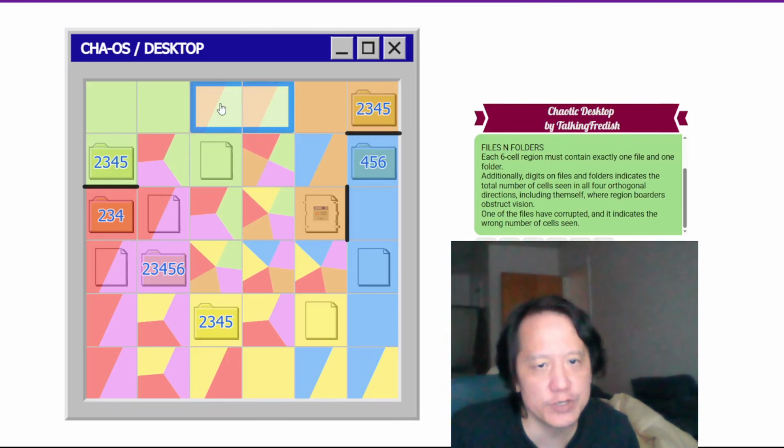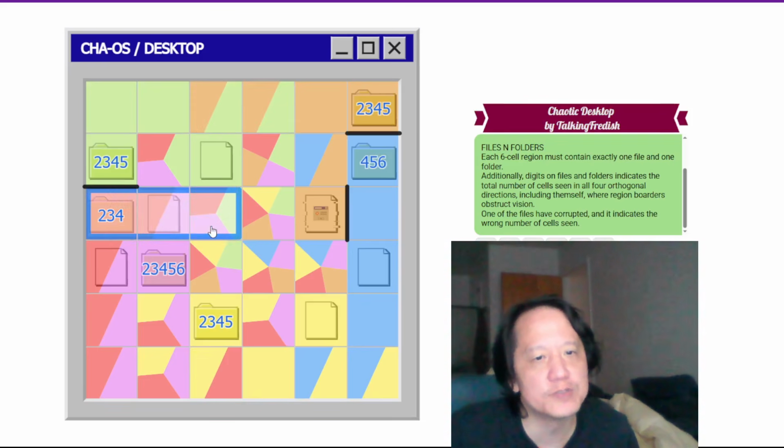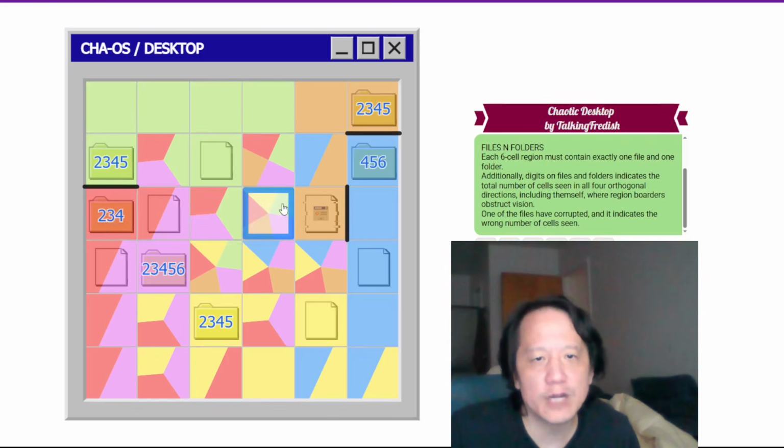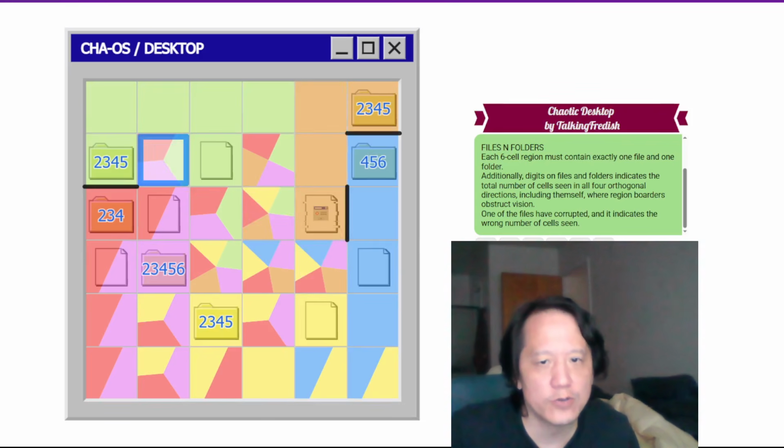Can we do green, green there? If red goes this way. So what happens if we go green, green, no blue there, no more greens. We can't go red going down that way.